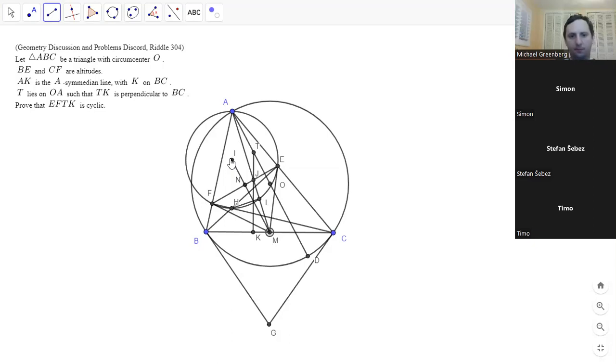And so that means that KMJN is cyclic, since MKJ is also 90. Okay. Then we have angle ANJ equal to AMB, because M and N are corresponding points in similar triangles AEF and ABC.